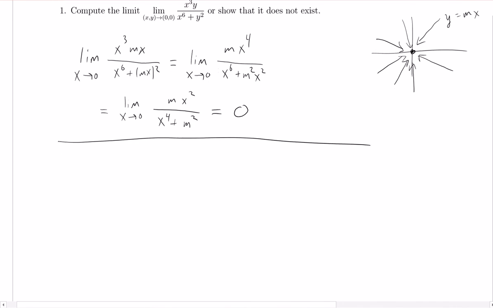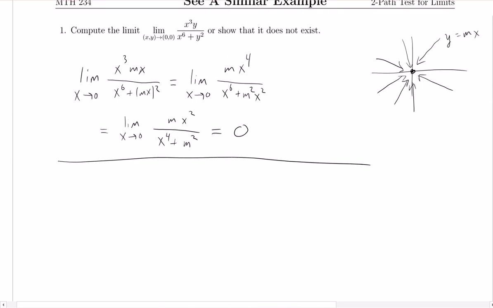So what do we do next? Here's where we have to get clever and try a path that's not a straight line. Well, what path? There's lots of paths that aren't straight lines. Well, let's look at the expression. The idea will be to plug in something for y that makes things cancel nicely.